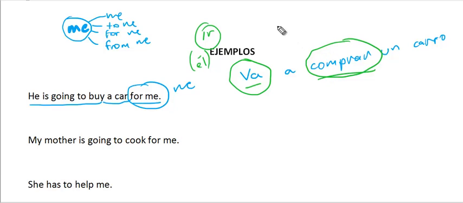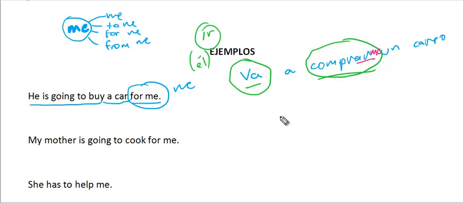So if you check the placement rules, the first rule says that when we have an infinitive verb, we can attach the object pronoun at the end of the infinitive. So that means that you can say, él va a comprarme un carro. It becomes a single word with infinitive. Okay? The object pronoun goes attached at the end.